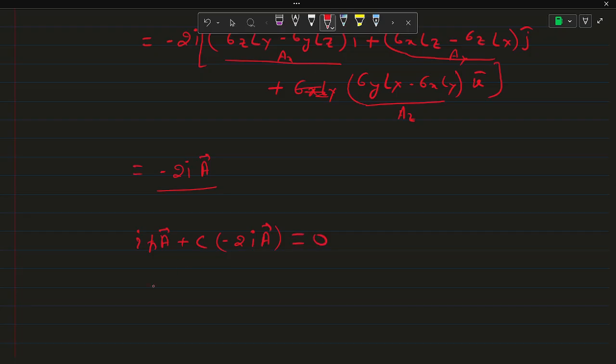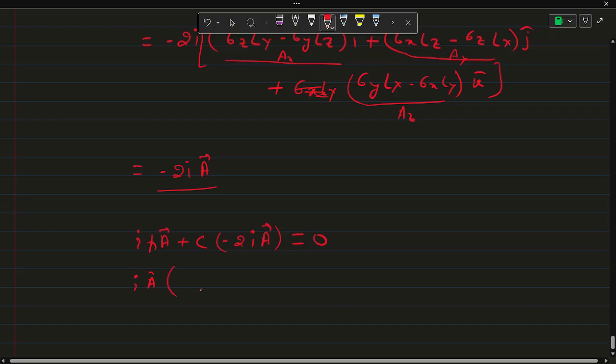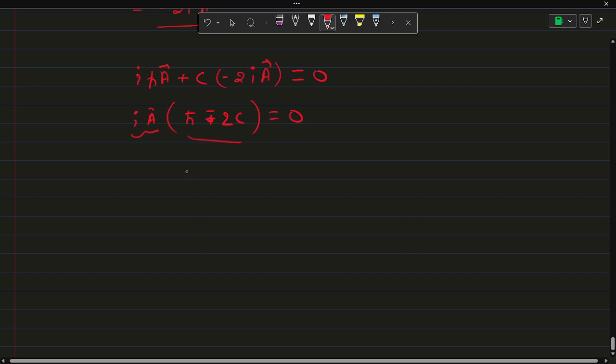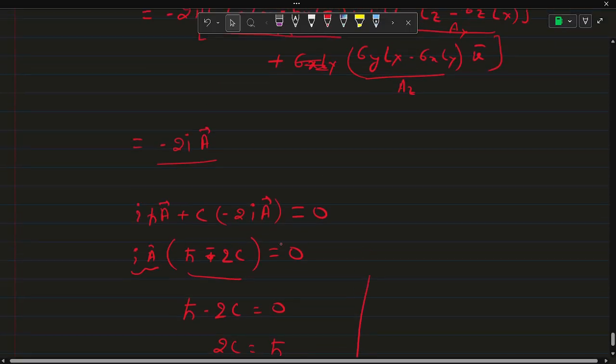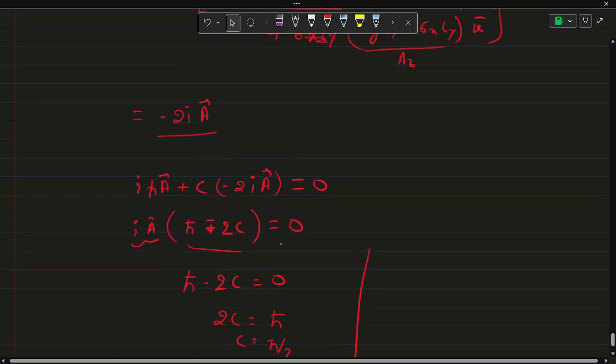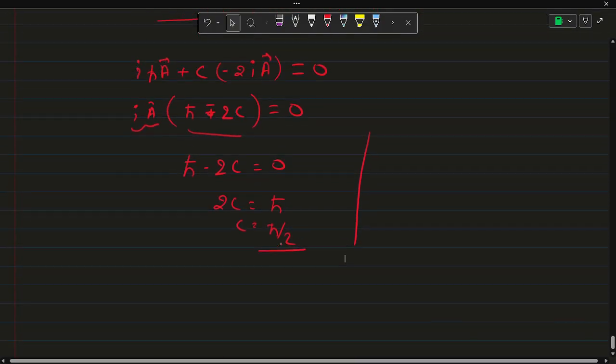As we can take i and A common, h cut plus 2C, h cut minus 2C is equal to 0. This part cannot be 0, so the second part will be 0. So here h cut minus 2C is equal to 0. So 2C is equal to h cut, so C is equal to h cut by 2.